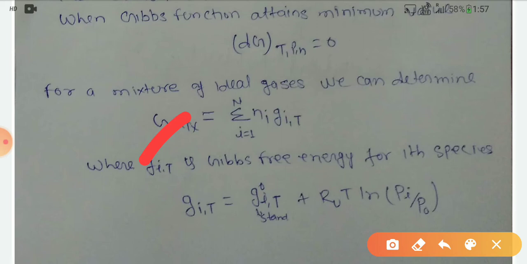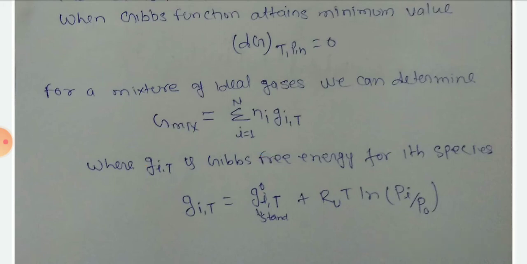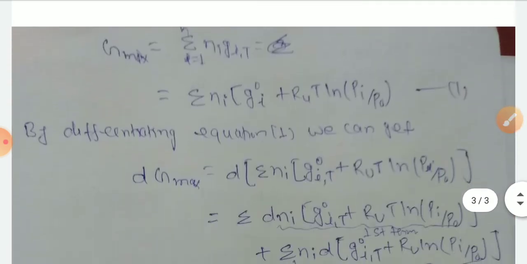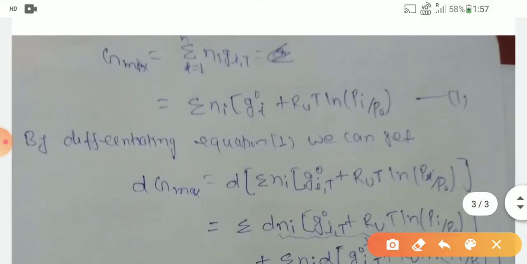You can write Gi equal to Gi standard, that means the Gibbs free energy at standard temperature, plus Ru T ln Pi by P naught, where P naught is the standard pressure. So substitute this value in the main equation.